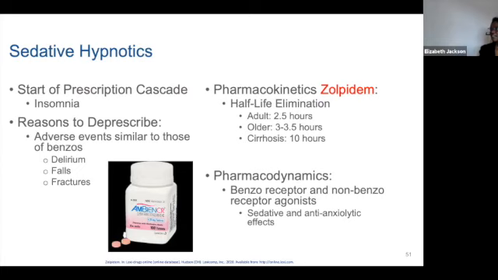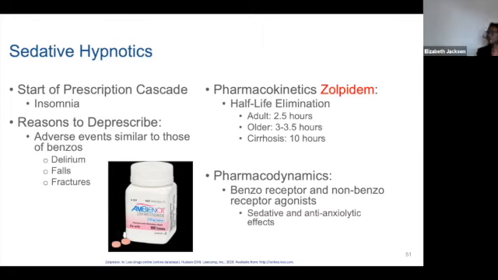If they have liver cirrhosis, that half-life has gone up to 10 hours. If you compare to someone who's not a geriatric patient, they have about 2.5 hours, about an hour less of half-life elimination.